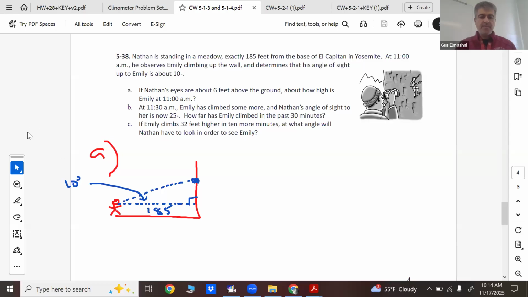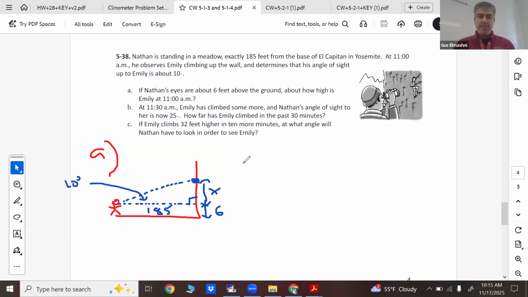Now this distance is his height, which is 6 feet. This distance, I don't know, I'll call it X. Those two arrows should be touching each other, so make it a little better. Does that make sense, the diagram? We're okay with the diagram, right? So we'll solve for X in a moment.